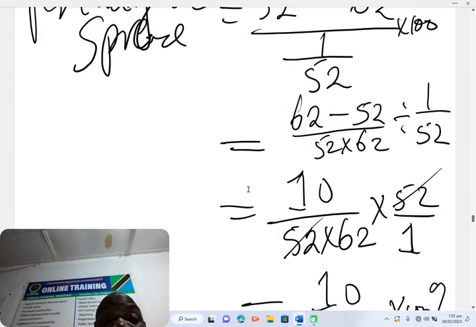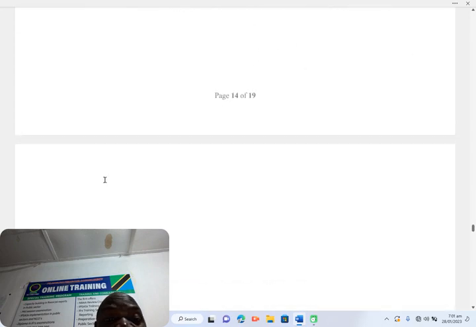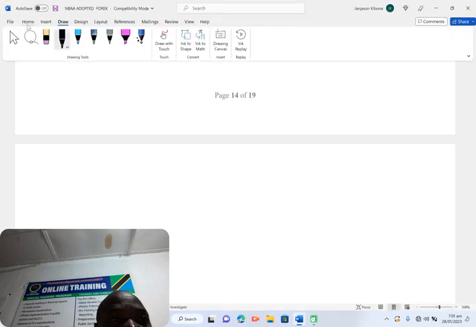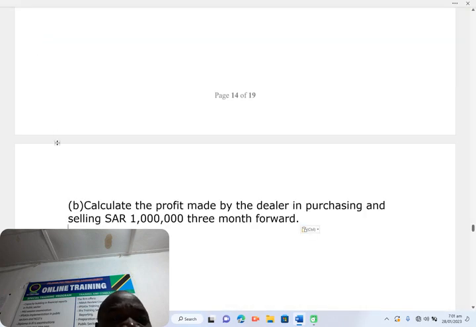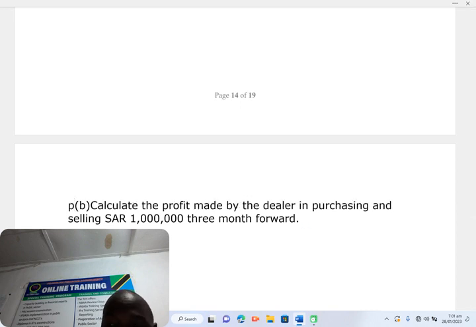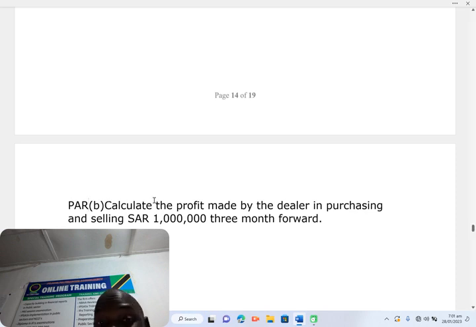Part C is a bit tricky. That's why if you don't get started on these key issues, you can end up suffering. So part B, sorry. He said calculate the profit made by the dealer in purchasing and what? Selling. Do you see?